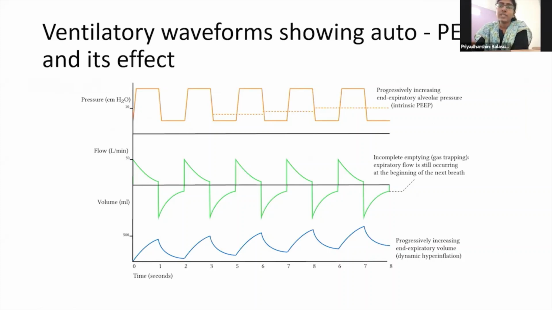And in the flow time scalar, we could see the expiratory arm not touching the baseline before the beginning of the inspiratory curve, which means that there is air getting trapped, not expired before the beginning of the inspiratory curve. And in the volume time scalar, with the effect of auto-PEEP, there is a progressive increase in the end expiratory volume in the lungs, which is producing pulmonary overinflation.